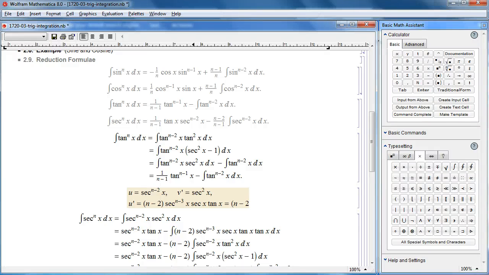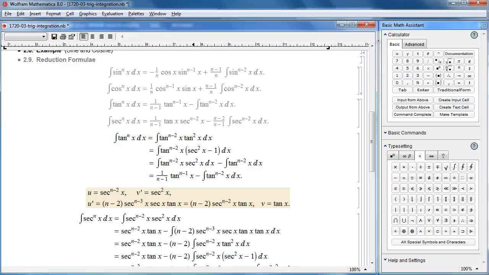So this is n minus 2 times secant to the n minus second power times tangent of x. How about v? v prime is secant squared, so its antiderivative is tangent of x, and that's the only easy component of this problem.